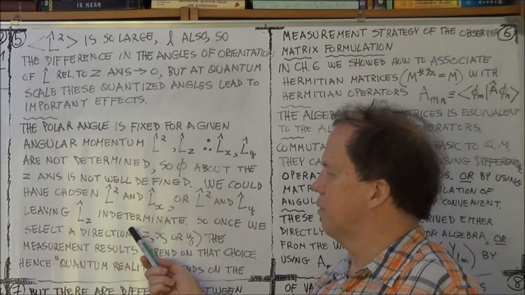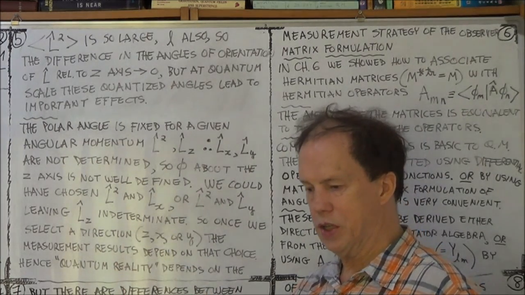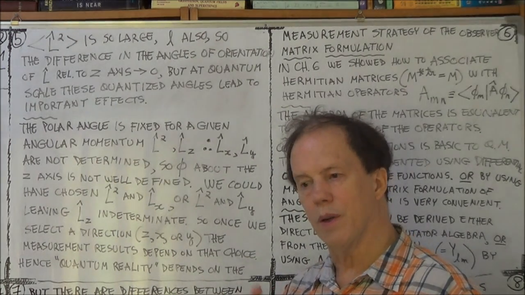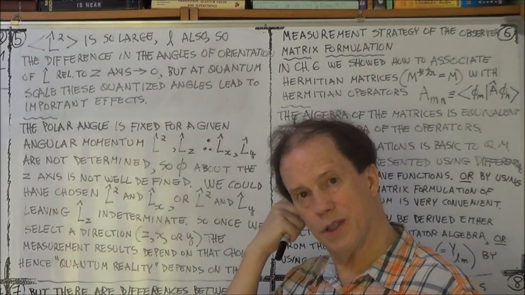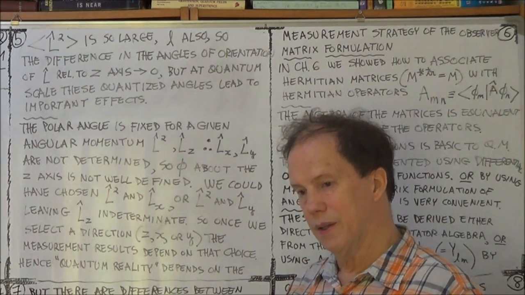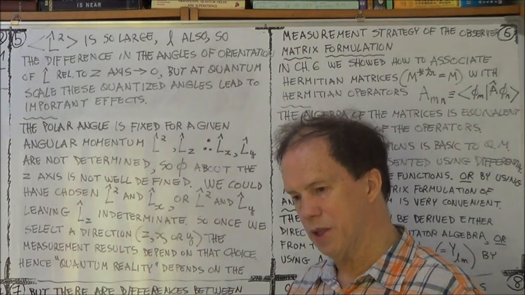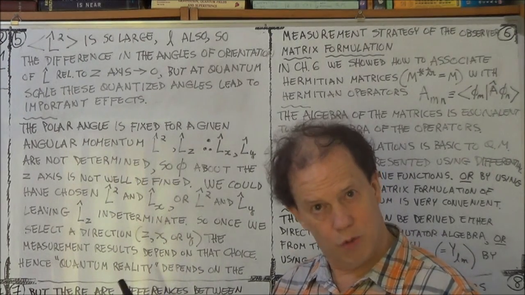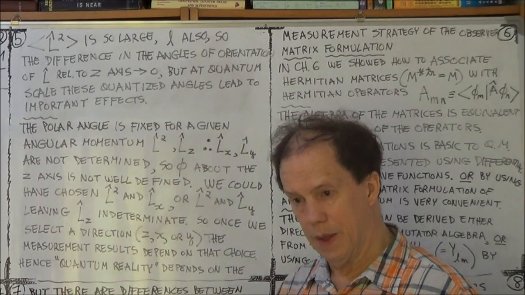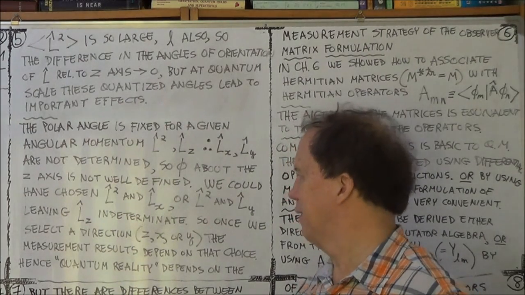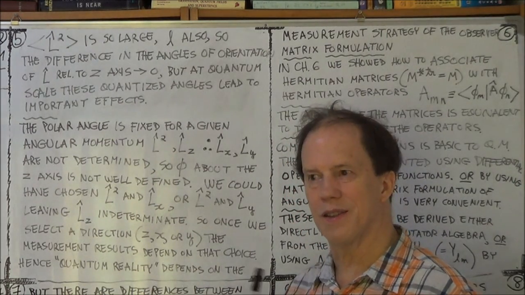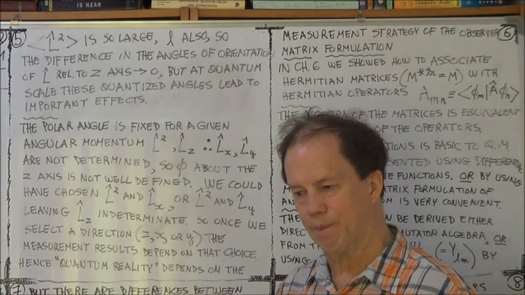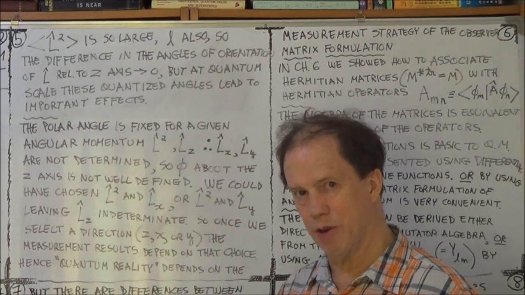So in a sense, your choice of the orientation will influence what happens experimentally, the results that you get from the experiment. So there's a much more intimate link in quantum mechanics, and this is controversial, in the so-called quantum reality, the reality that you observe, the way things behave, depends on your experimental setup.